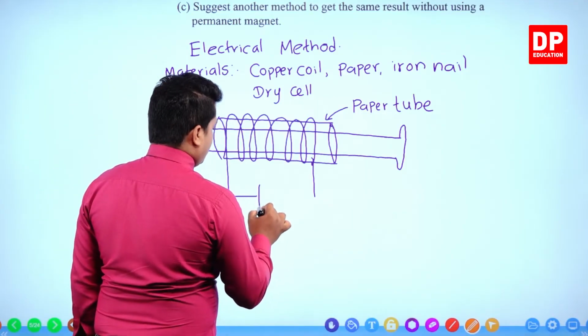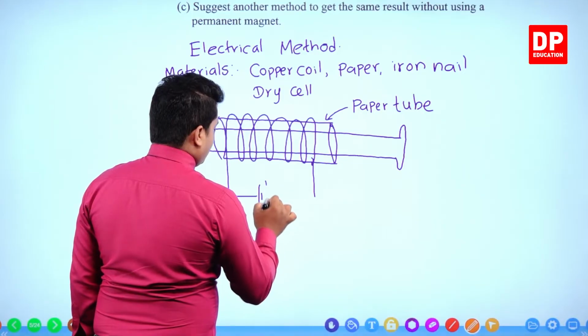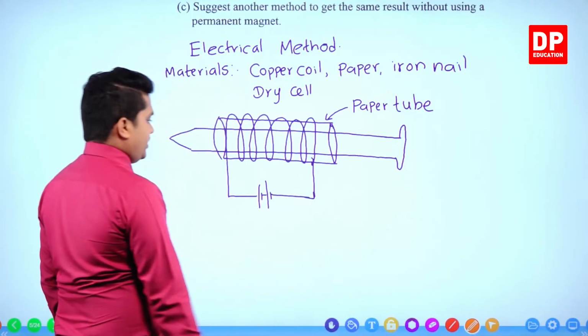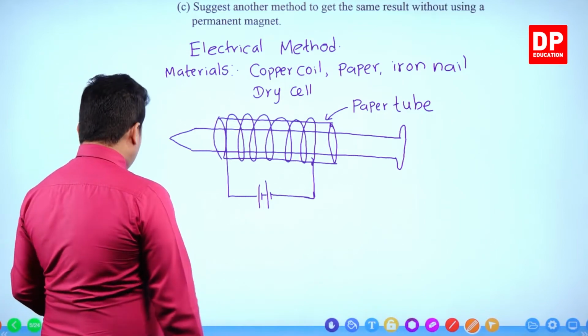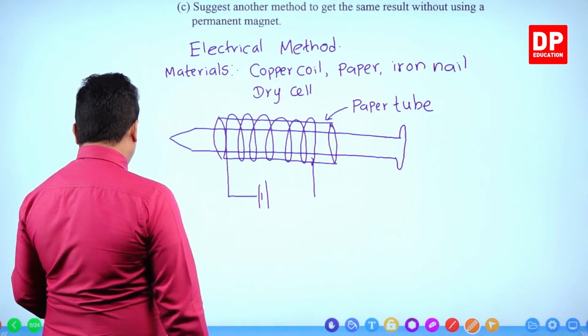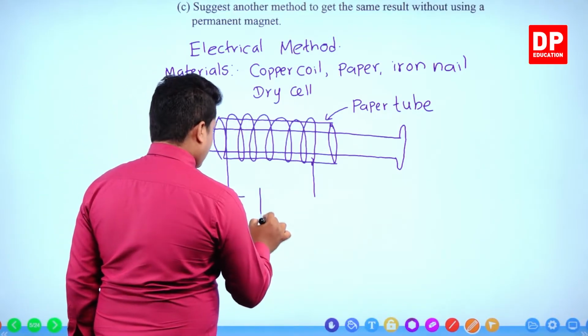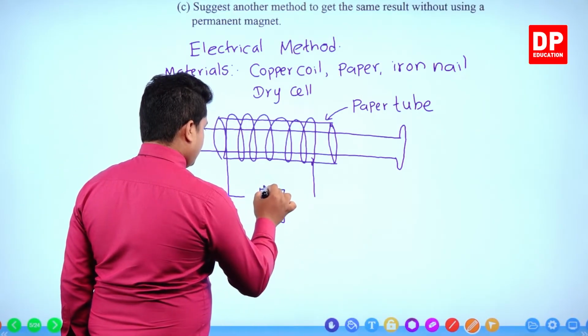Then these terminals are connected to our dry cell. I have used the circuit symbol, but I'll show the dry cell like this, right?